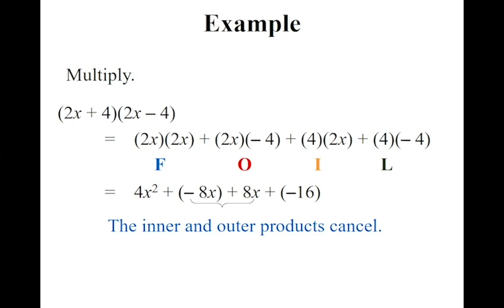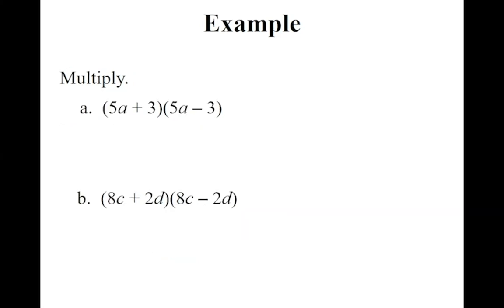And then last would be plus 4 times minus 4, negative 16. The minus 8x and the plus 8x cancel each other out. We're left with 4x squared minus 16. In other words, square the 2x minus square the 4. So this formula is lovely.